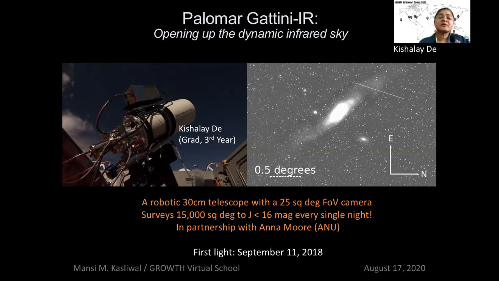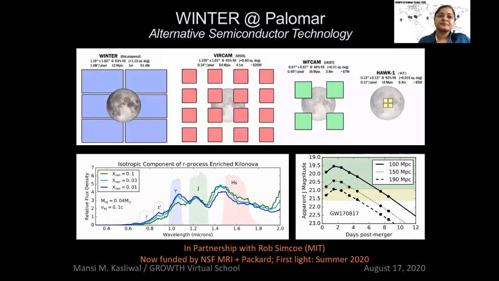And 25 square degrees in the infrared is a factor of 40 larger than any other infrared camera out there. The second largest camera right now is 0.6 square degrees. So this wide field, albeit with coarse spatial resolution, opens up an entirely new window to the universe. And I urge you to talk to Kishalay more about this project.